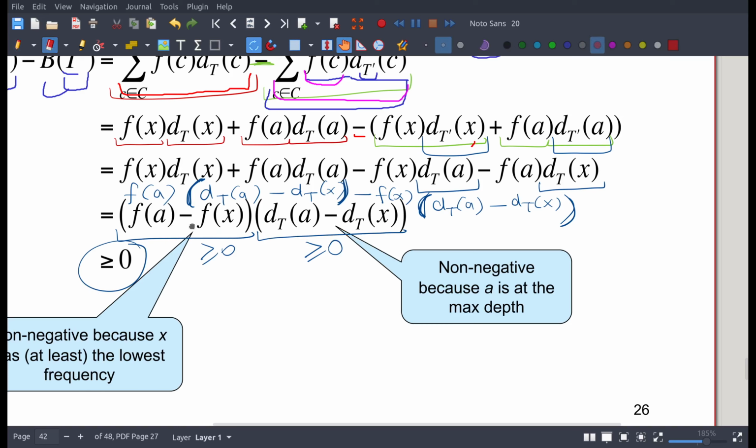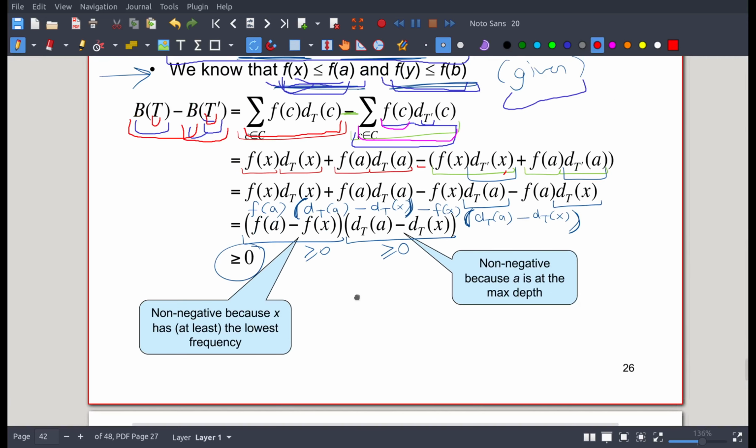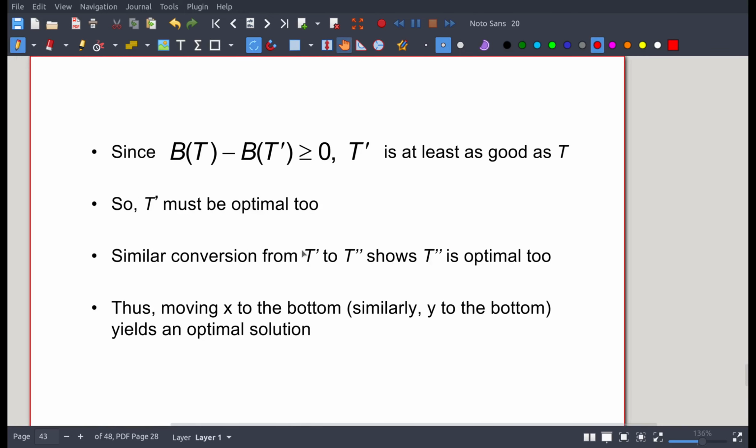And that means the new tree we have, t dash, should be equally optimal to t, or more optimal than t. Since b of t minus b of t dash is greater than or equal to 0, t dash is at least as good as t, so t dash also should be optimal.